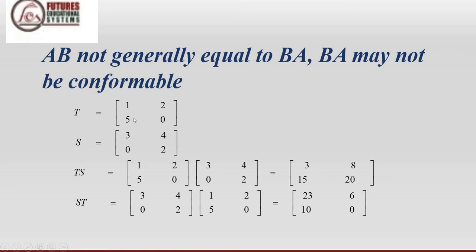If we multiply matrix T by matrix S, it gives this matrix. And if we multiply S by T, it gives another solution. They don't equal, or it's not conformable. Therefore, the AB matrix doesn't equal the BA matrix.